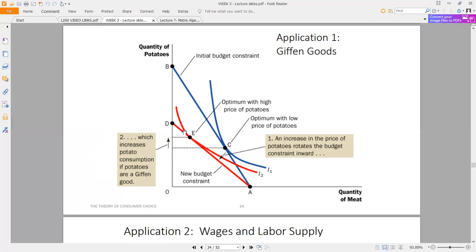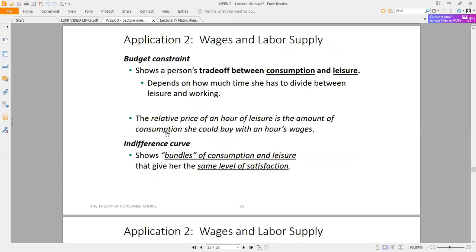But look at where the new indifference curve is, and the optimal bundle is at point E, which means we are buying more potatoes after an increase in price, but the law expected us to buy less. So you see that it is violating the law of demand. After the increase in price, we are rather buying more potatoes. So for giffen goods, they do not obey the law of demand because the income effect is greater than the substitution effect. So that is one application of consumer theory.